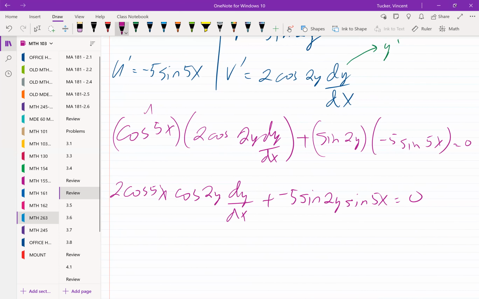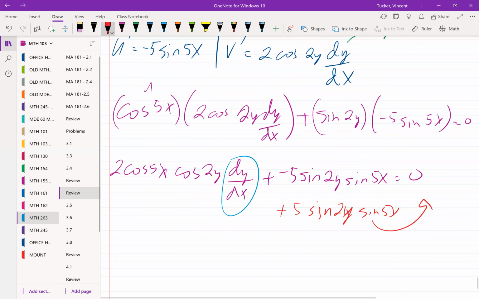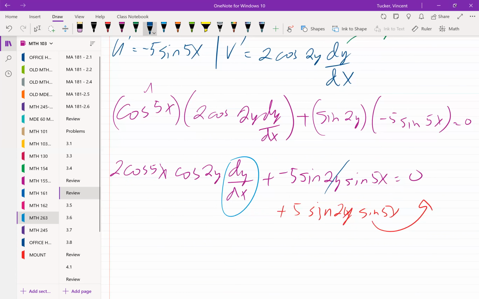All right, so we need to now solve for dy dx. I'm going to add 5 sine 5x sine 2y to both sides. I'm just going to write that. You add it over, so you cancel it out of here.